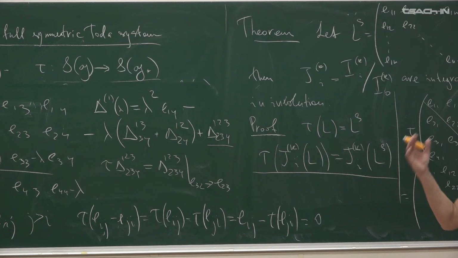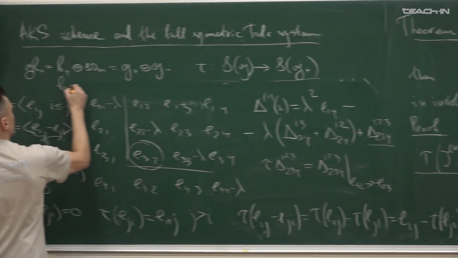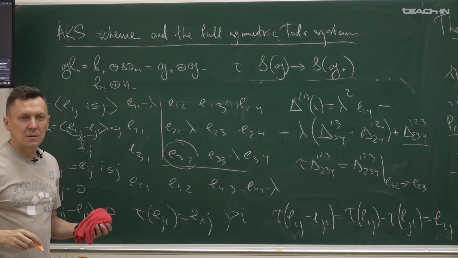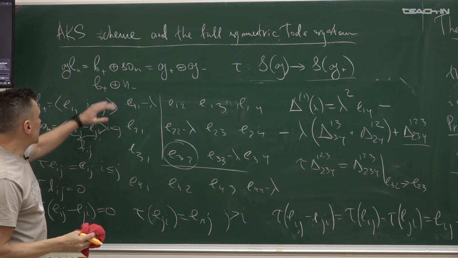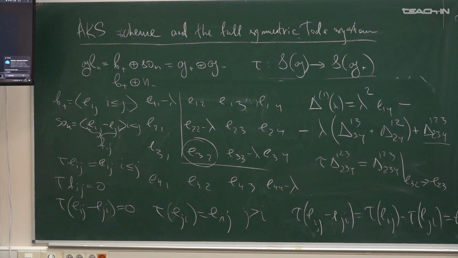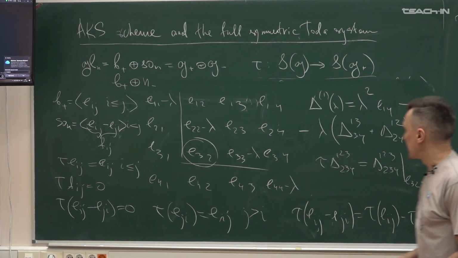So it's an effect that we consider the projection along the orthogonal subalgebra. If it will be another, for example, we can consider such a decomposition. If we consider such a decomposition, then this will be 0. But in our case, it's this element.